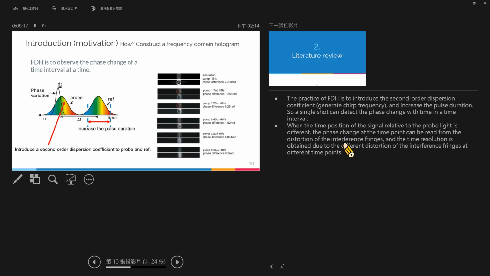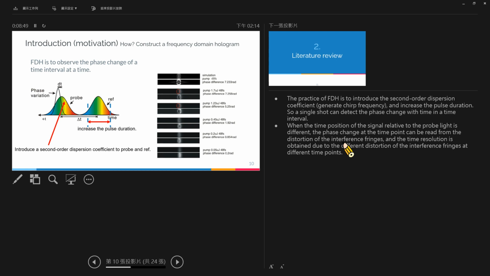And the second way will be the frequency domain hologram. The difference is that it can observe the phase change of a time interval at a time, because the biggest difference is that it has a longer pulse duration. The probe pulse will be longer than the pump pulse, so it covers the whole pump pulse. This is done by introducing a second order dispersion coefficient to the probe and reference.